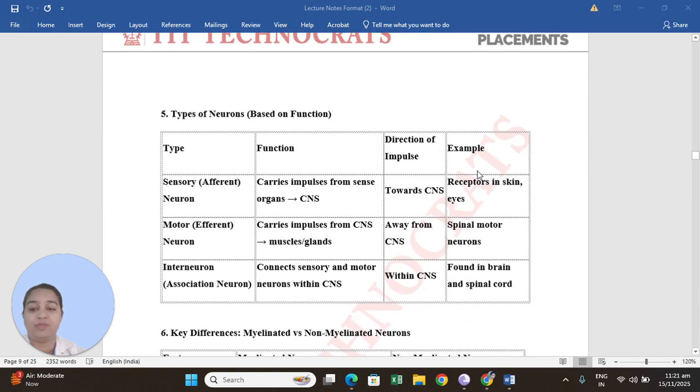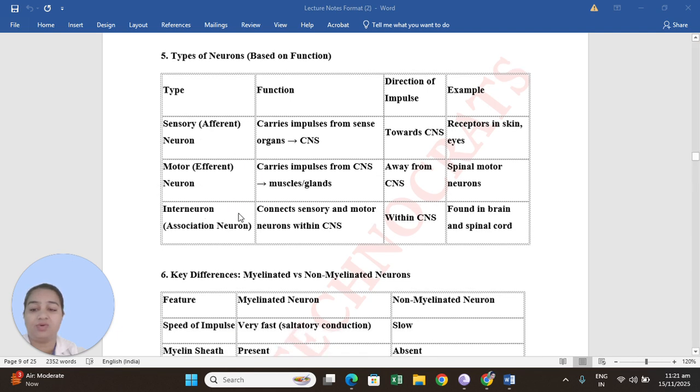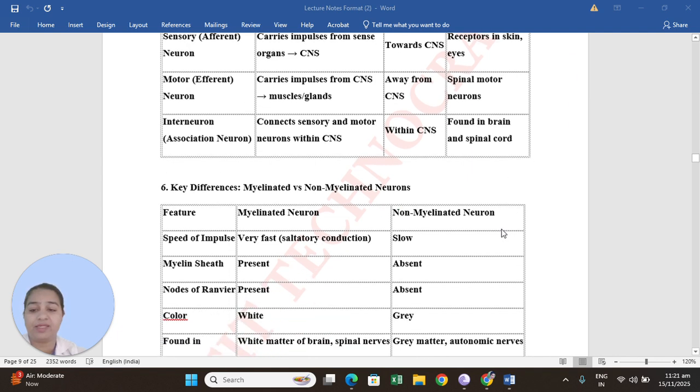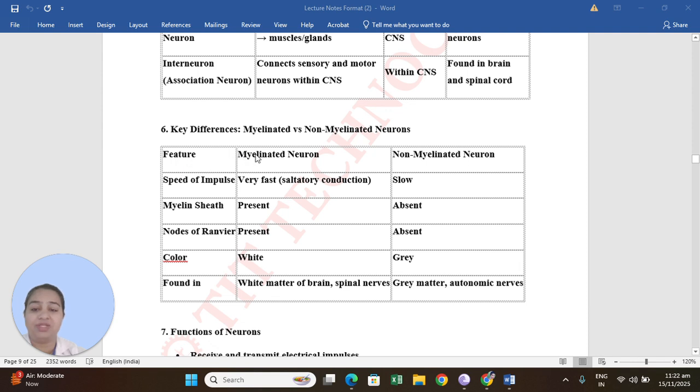Next, moving forward, types of neurons based on function. As we already learned in the previous lecture, there are sensory, motor and interneurons, or they do both things. The rest I've already explained. Now the key difference of myelinated versus non-myelinated neurons. The myelin sheath allows the signals to jump fast, so the speed of impulse is very fast.